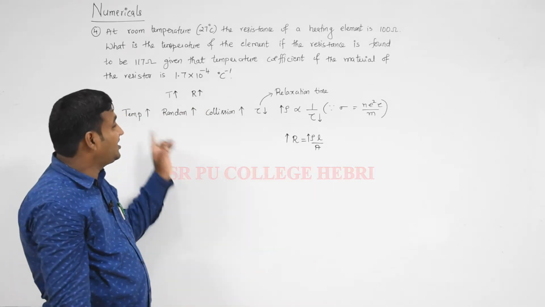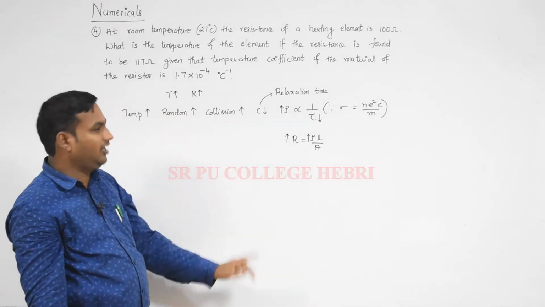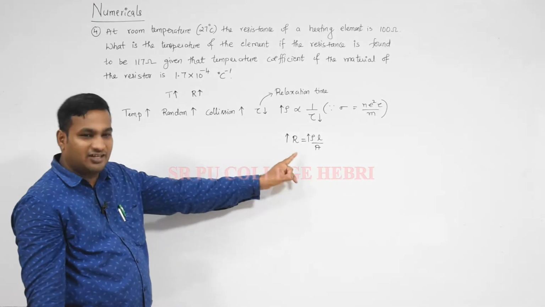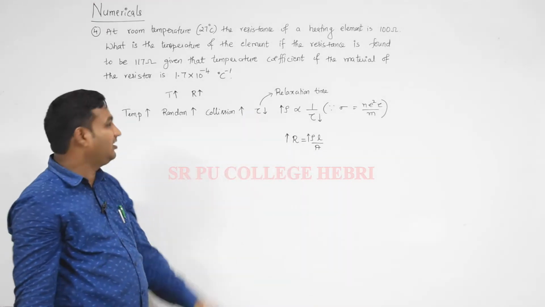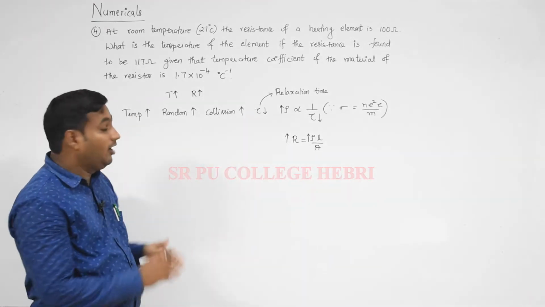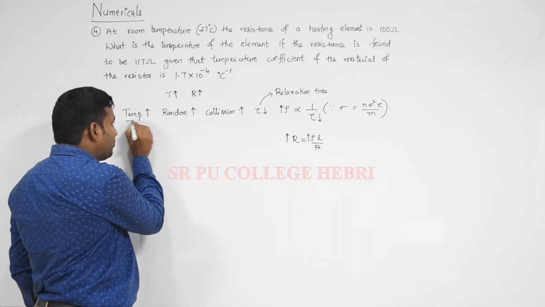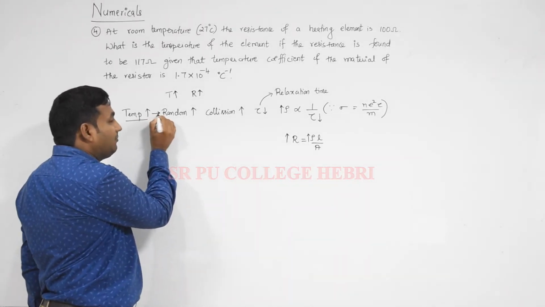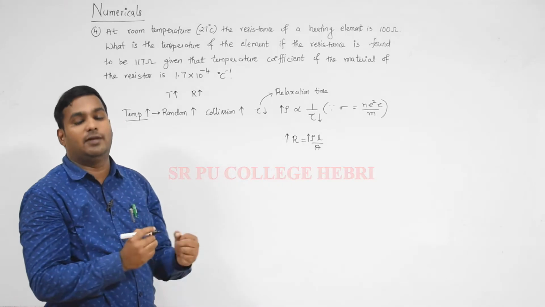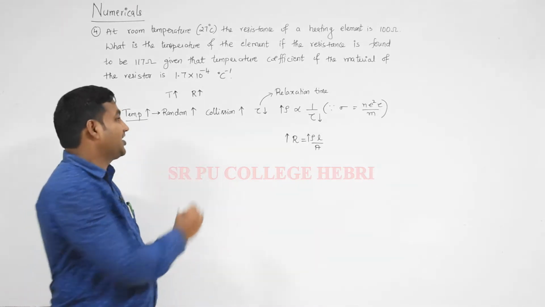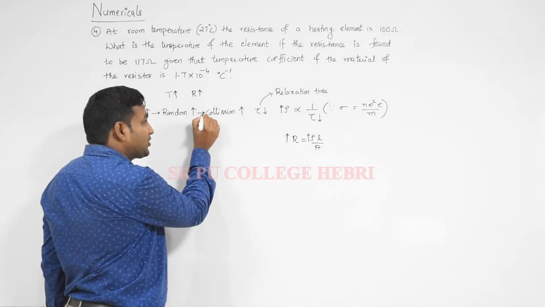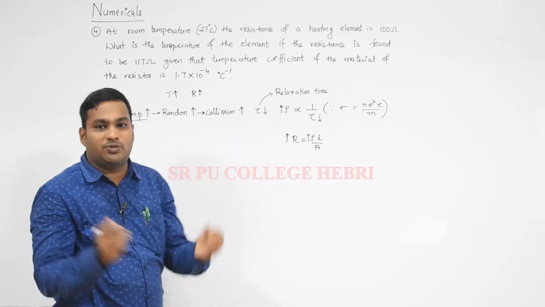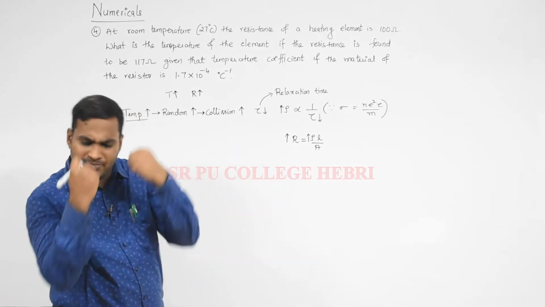Dear student, this is the actual theory behind how the resistance of the material of a wire increases with temperature. I repeat, as the temperature increases, randomness of free electrons in a metal or conductor increases. As randomness increases, collision between electrons increases.